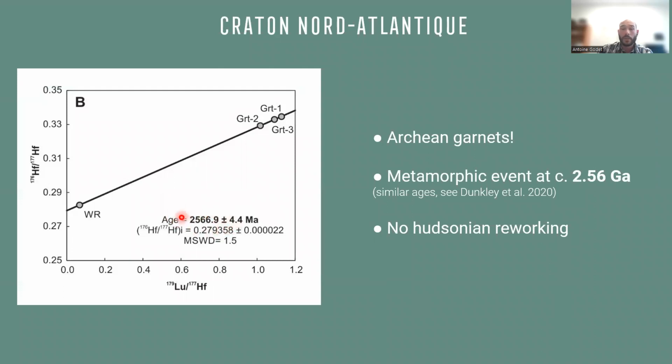So it suggests a metamorphic event at 2.56 billion years. Similar ages in zircon and monazite have been obtained in the Saglek block. And it suggests that it was not reworked during the Hudsonian orogeny, which is one of the first take-home messages from our paper.